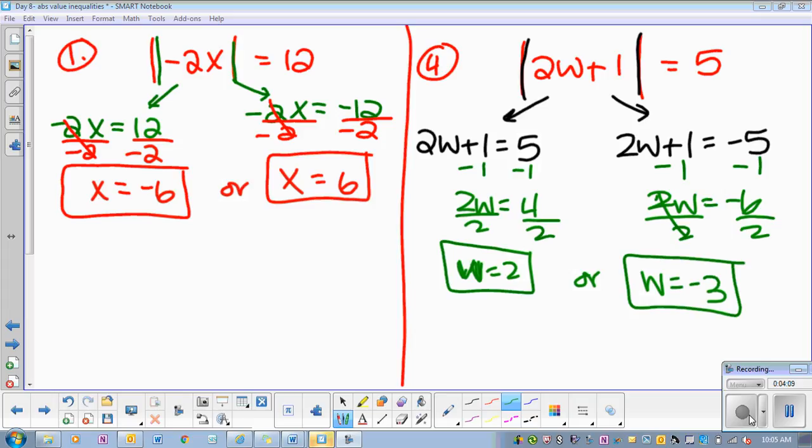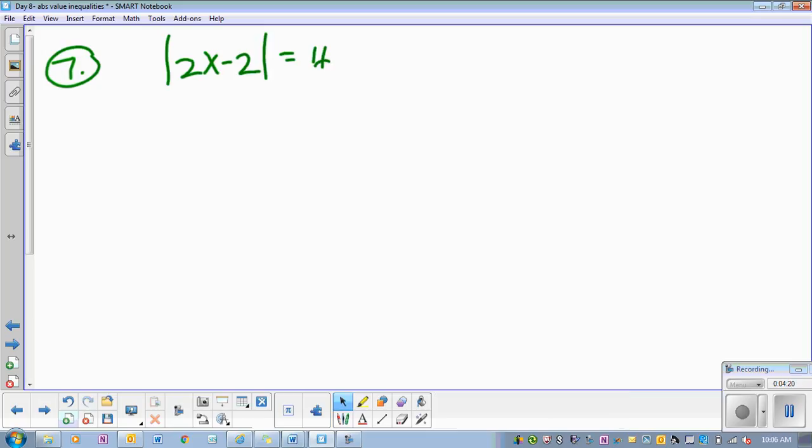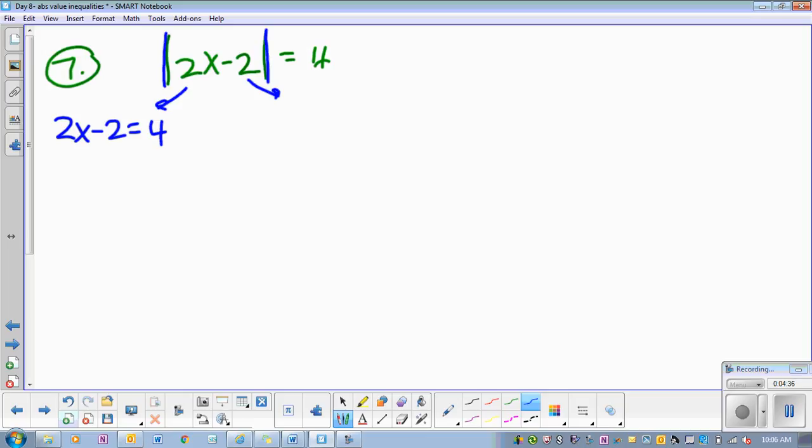All right. So let's look at number 7 and 9. So number 7 on the back, it says absolute value of 2x minus 2 equals 4. Remember your goal is to get the absolute value bars all by itself on one side of the equal sign. This one is. So I'm going to drop the bars and write it twice. 2x minus 2 equals 4. The second one is 2x minus 2 equals negative 4.